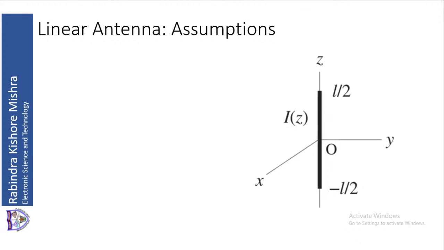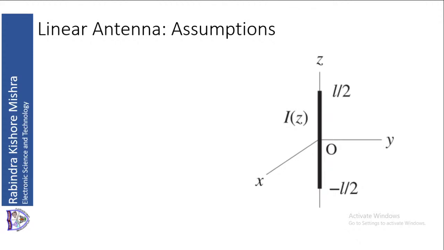Use your right hand rule: extend your thumb along the z axis, curl all the other fingers, and the curling of your fingers gives the magnetic field. So the magnetic fields will be surrounding this antenna, symmetrically around the z axis.